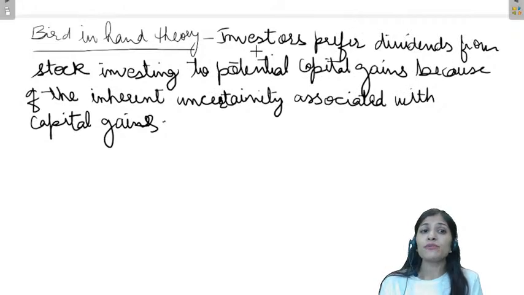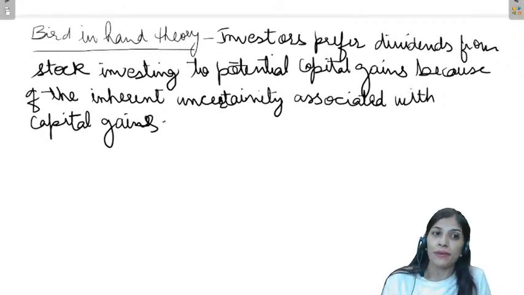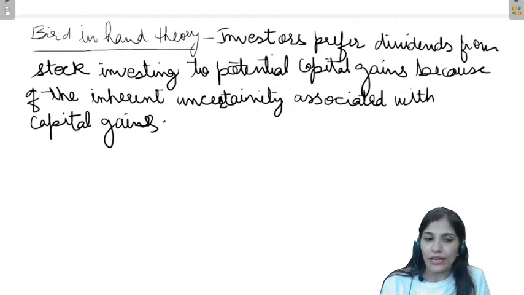Investors prefer dividend from stock investing to potential capital gains because there is no guarantee of the capital gains in future. What might be the capital gain, if there will be capital gain or no, right? So this is known as bird in hand theory.